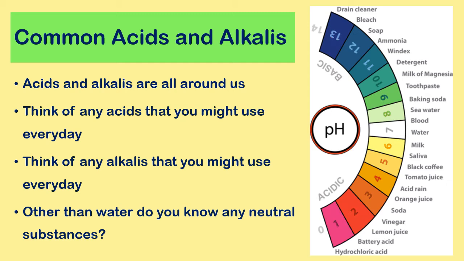So drain cleaner, bleach, soap, all of those things are alkalis. So if you actually look across the range, cleaning products are alkali, and things that you eat are close to neutral, so between pH 9 and pH 5. And then we have vinegar, batteries are the things that are quite strongly acidic.